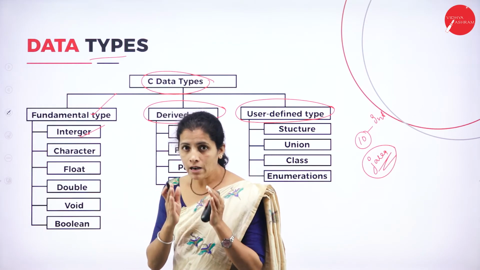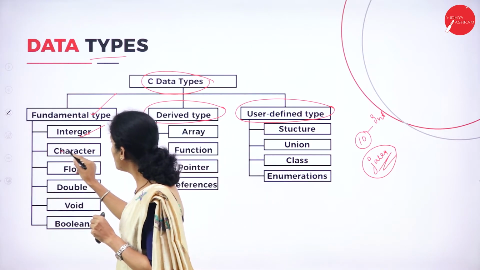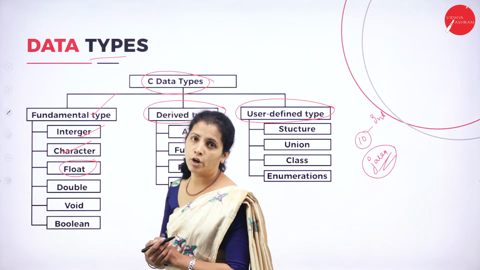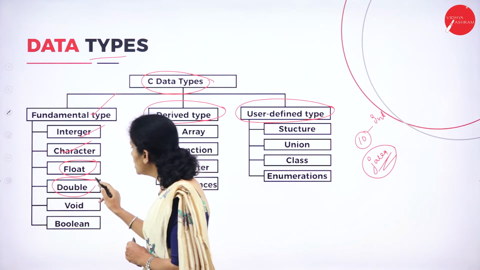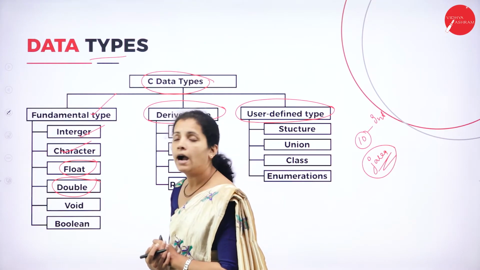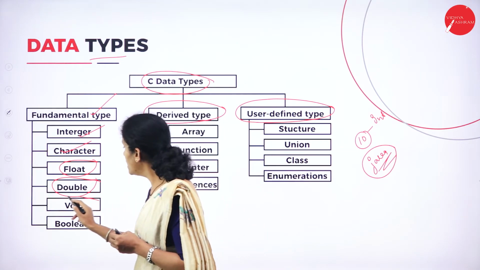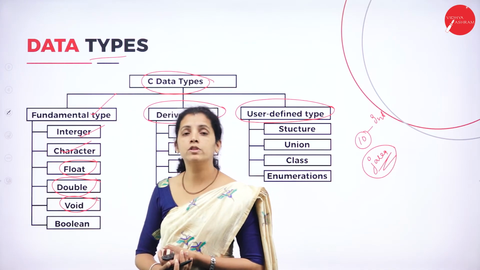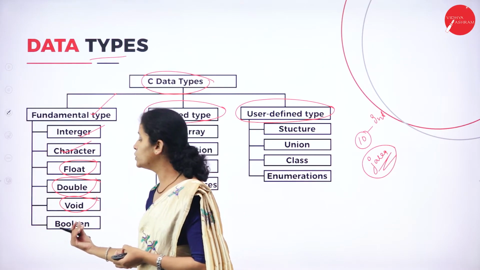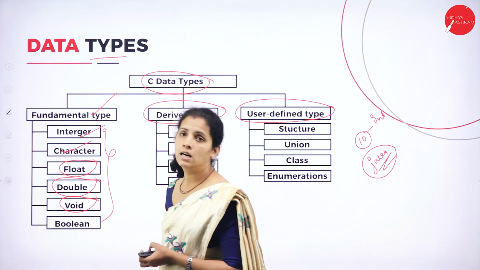If I have any single character, I'm going to have the character data type. For real numbers, floating point, and once again double. And if I do not have any kind of return value, then it is void, and I'm going to have the Boolean value, that is true and false. At that time, I'm going to use the Boolean data type, and these are the basic data types.